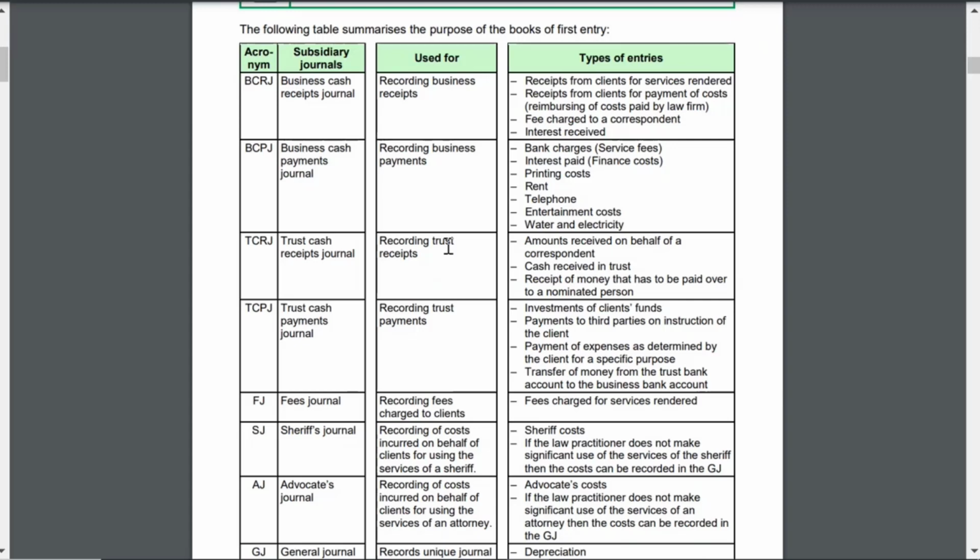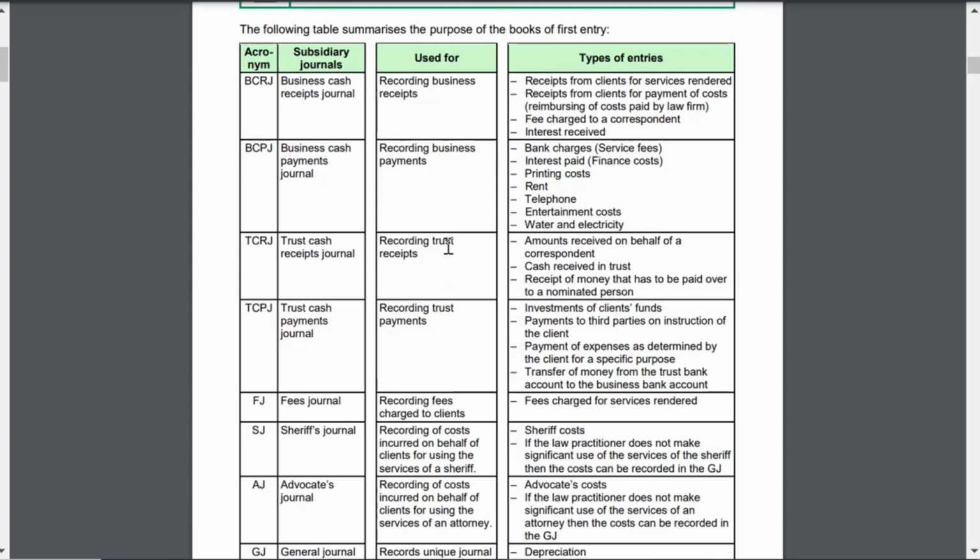So that money that I received from my client, I will record in my trust cash receipts journal because I have not performed the work as yet on behalf of my client. That money will stay in that trust account until I have performed the work as an attorney.